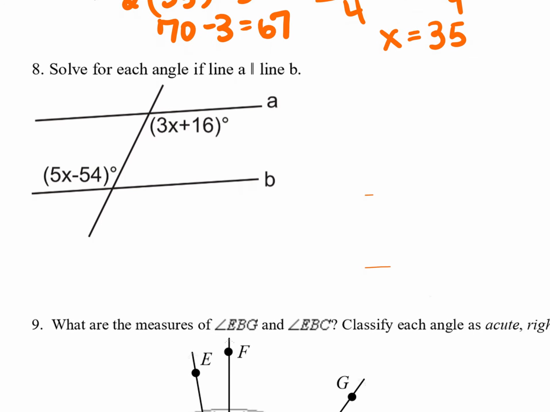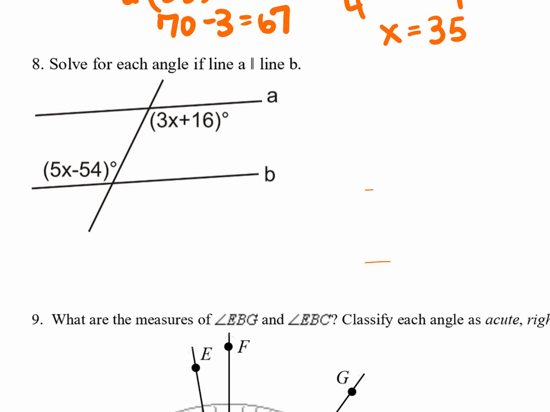Okay, for this one, we've got a different relationship here. So these are alternate interior, so they're congruent. So what I need to say is that 3x plus 16 equals 5x minus 54. They're equal, congruent. So congruent things are equal.